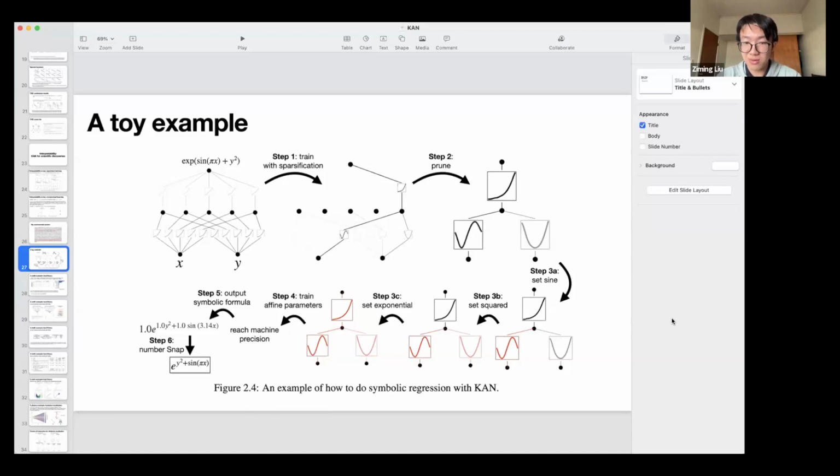But it seems feasible to just replace the MLPs in transformers with CANs. You can do that, but I'm just not sure how much advantage you can gain from that. Okay, so you're not sure about the accuracy advantages that we can get out of it. Okay, thanks. Thank you.